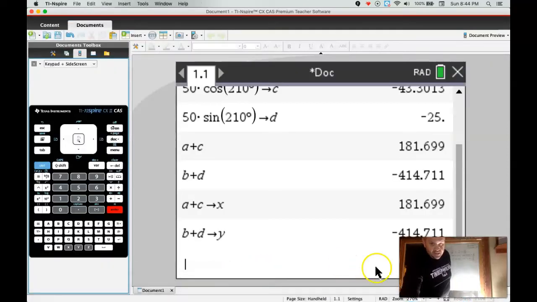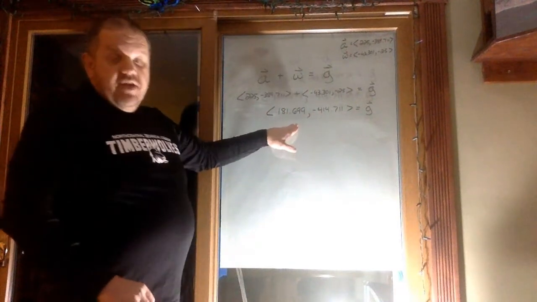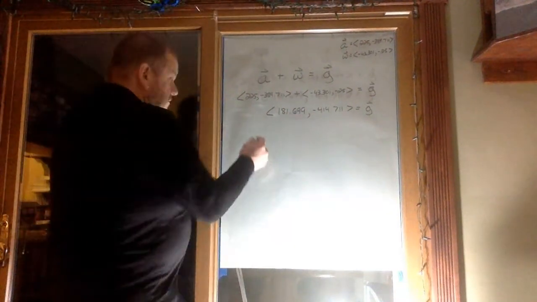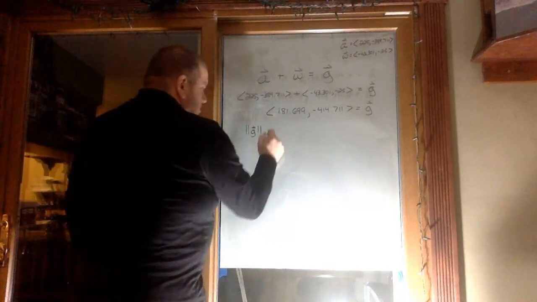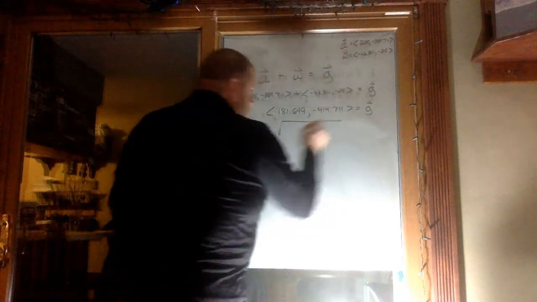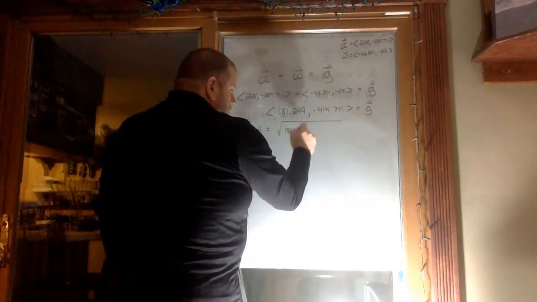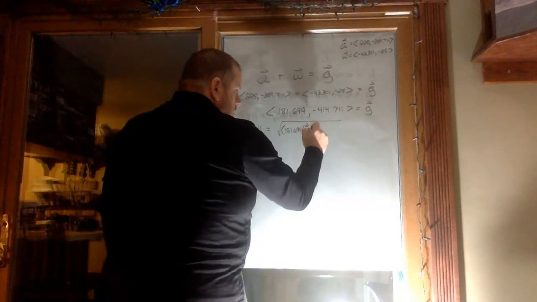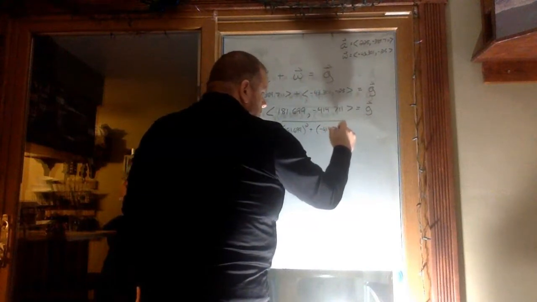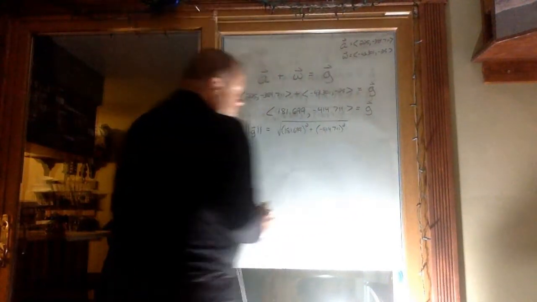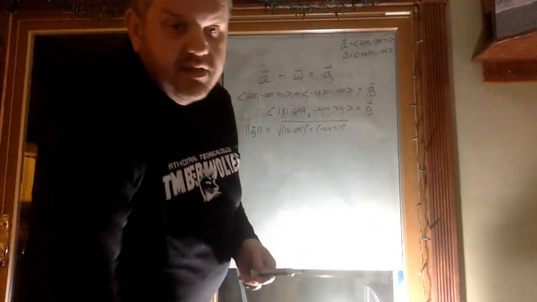Get my calculator back on here. And so what we need to do is find the magnitude of g. That's going to give us our speed. Well, the magnitude of a vector is the x component, the horizontal component, squared, plus the y component, the vertical component, squared, and then I take the square root of that. So back to the old calculator.